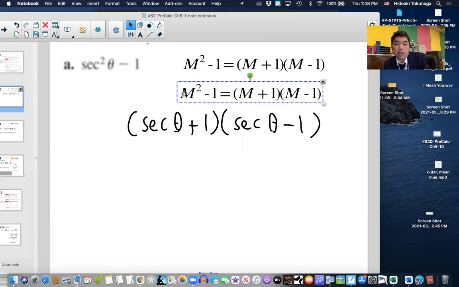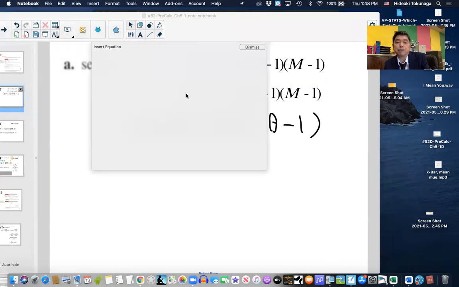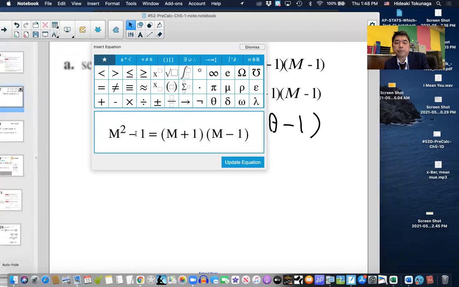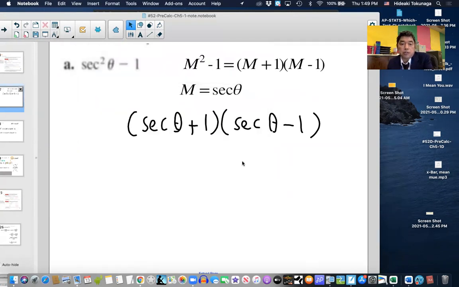M represents secant theta, so you don't have to deal with the square mark here. You just plug in here. So this is the equation.